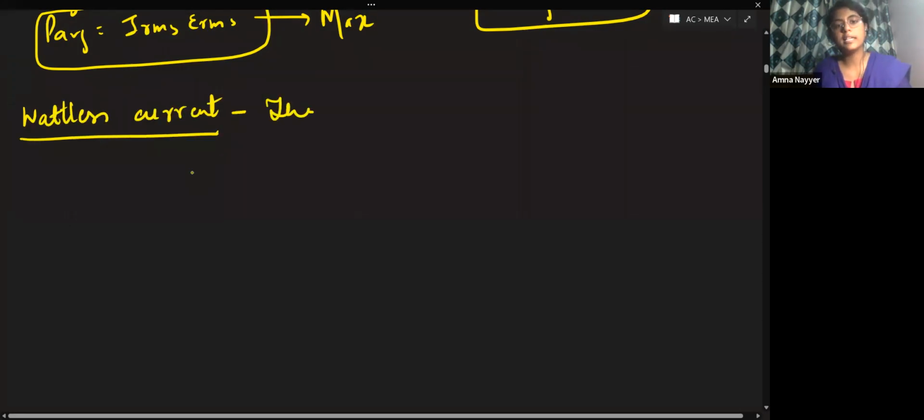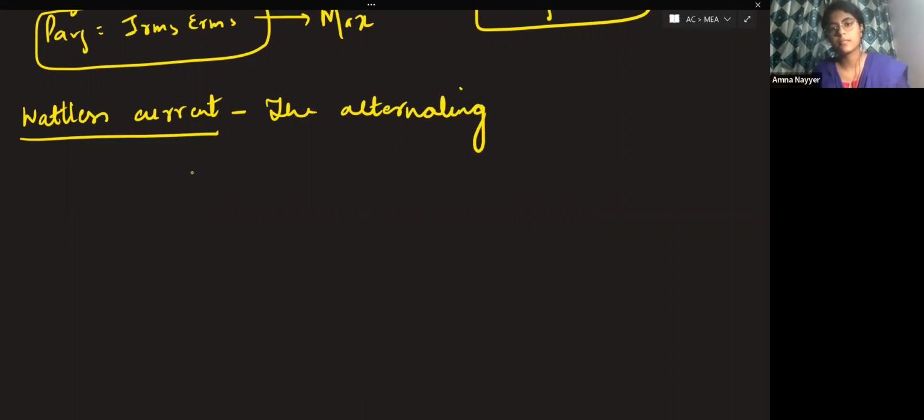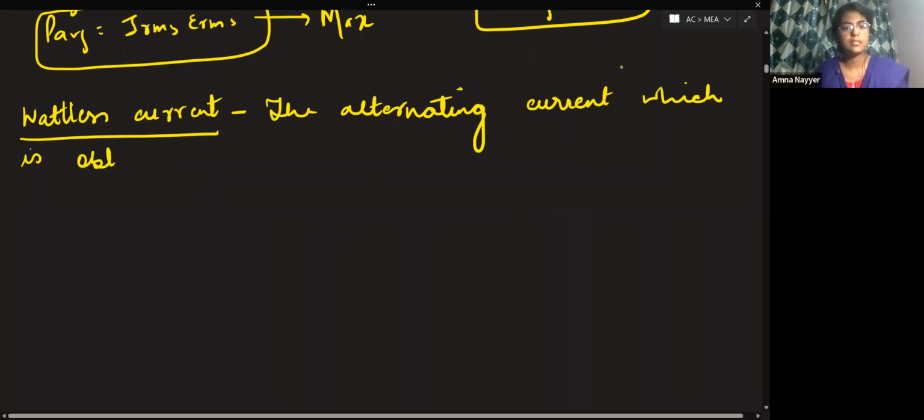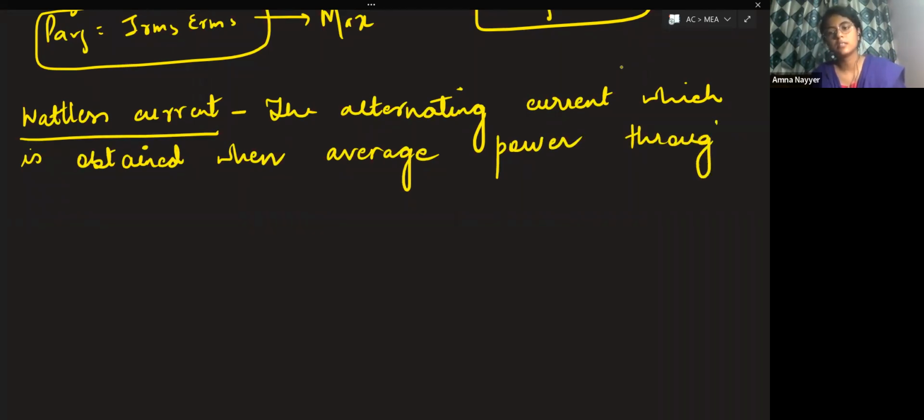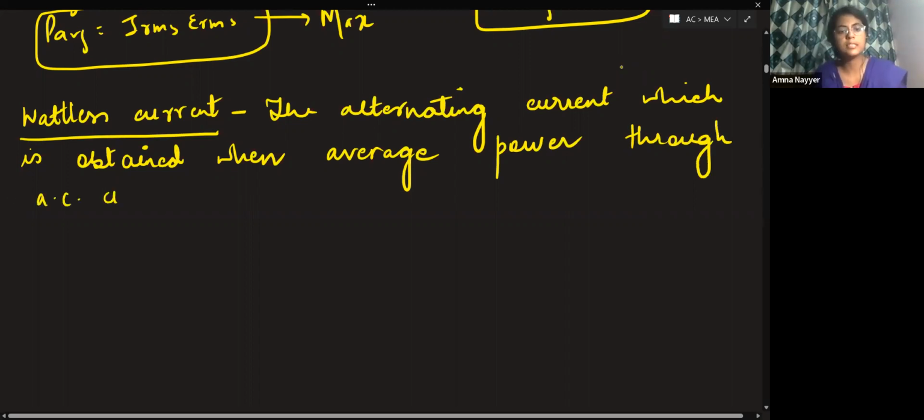So the alternating current which is obtained when the average power through the AC circuit is 0 is the wattless current.